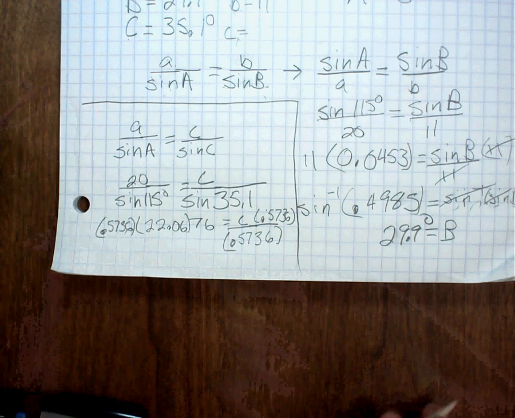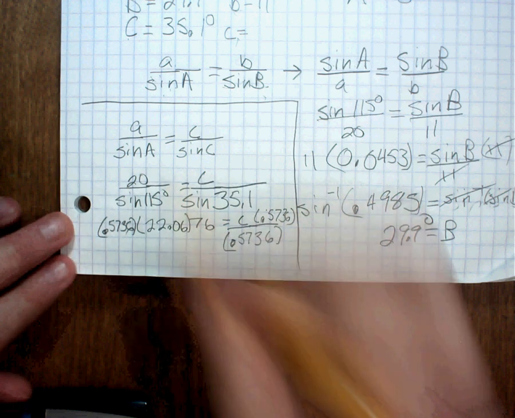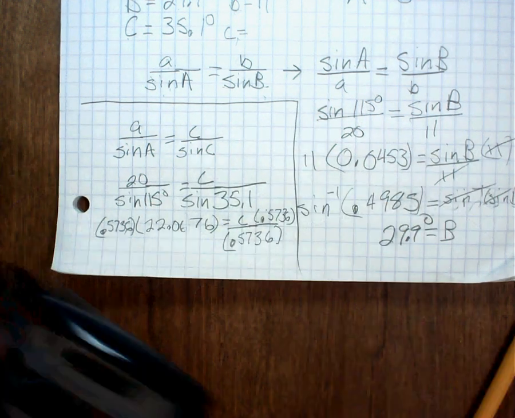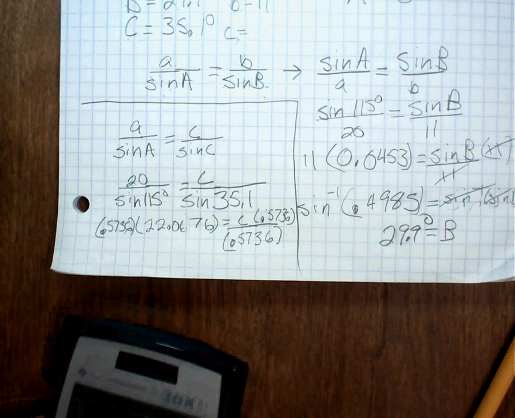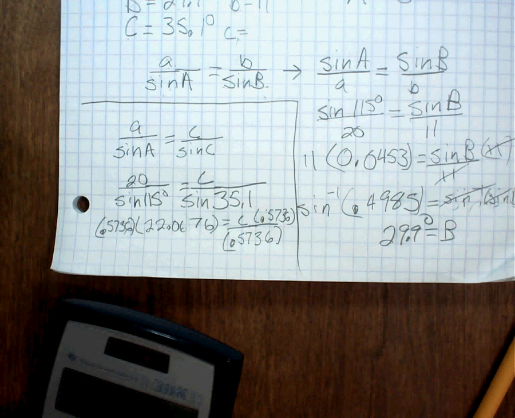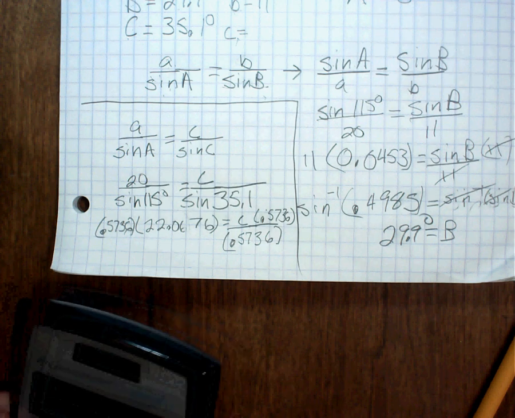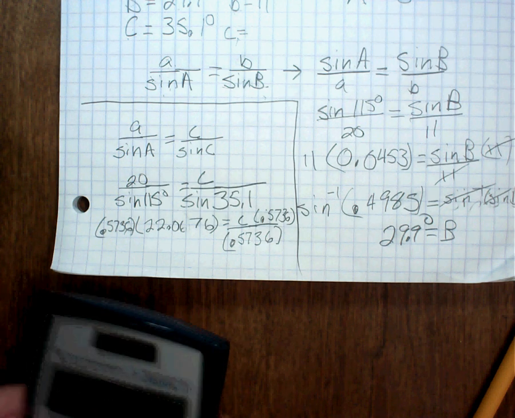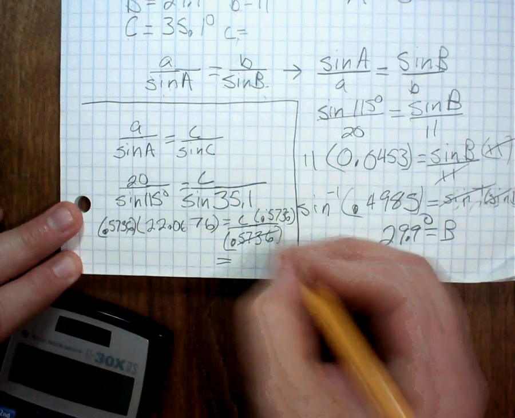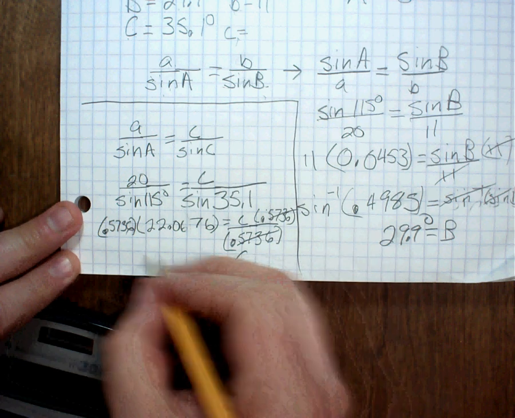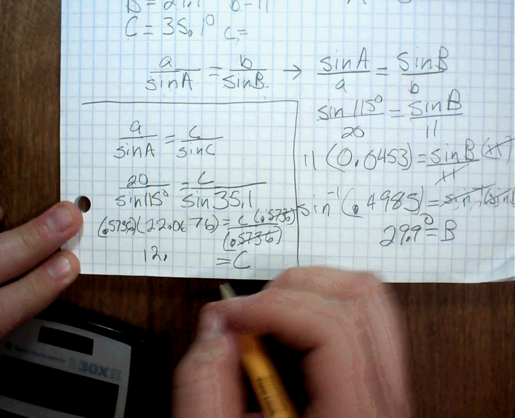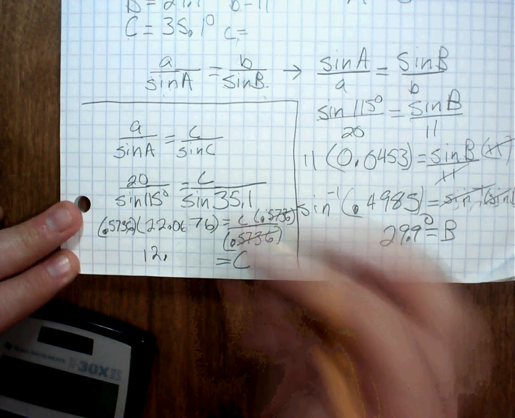Oops, put that in the wrong spot. So I'm going to take this number and multiply it by 22.0676, and I get 12. In other words, this cancels with this, and I get c is equal to 12.7.